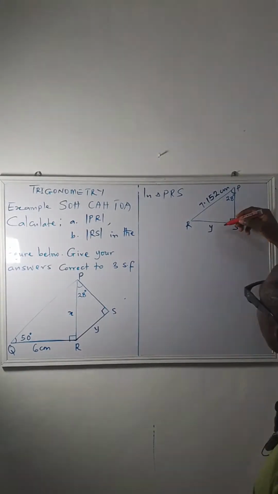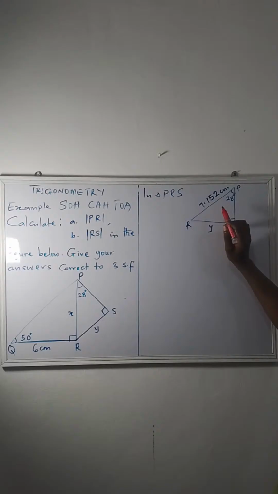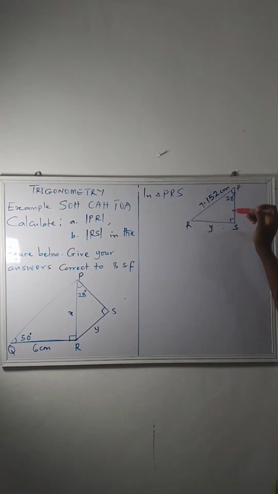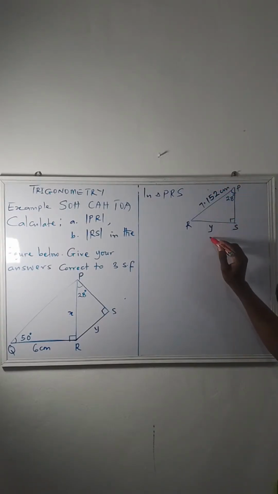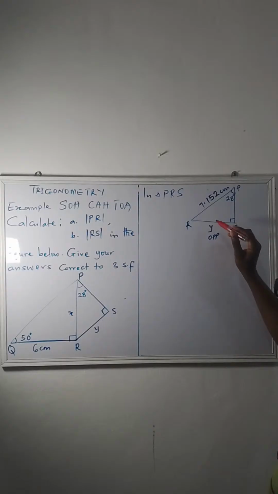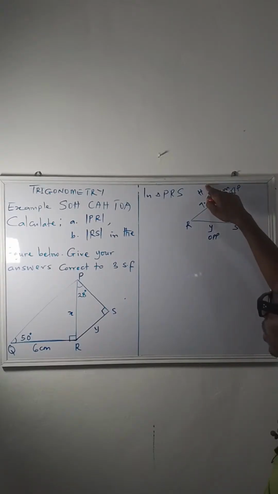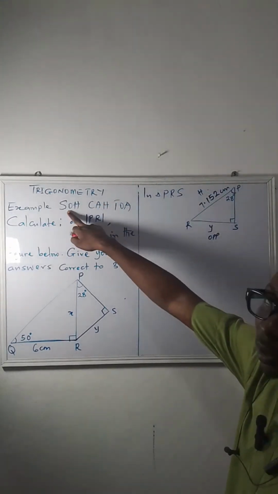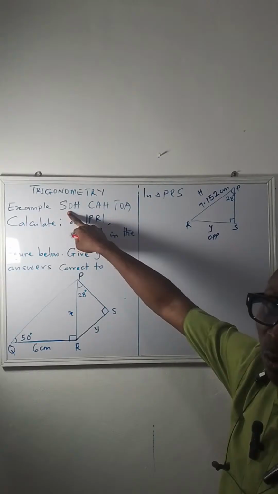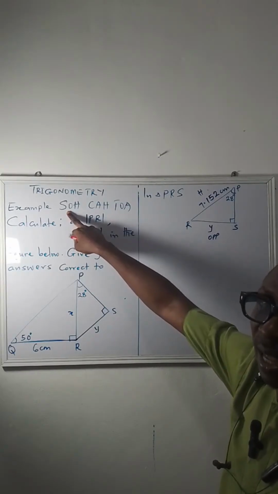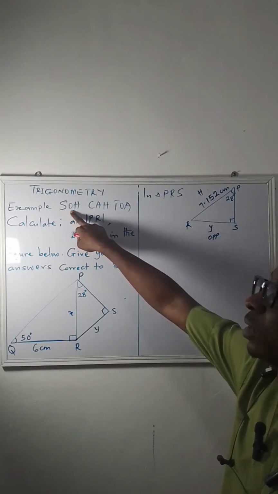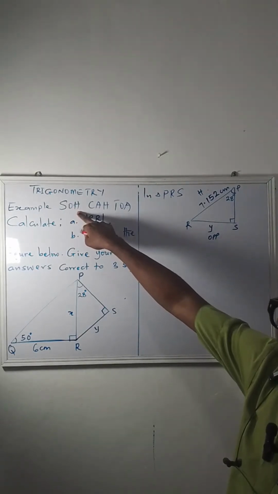So you consider this and this because you're actually looking for this side. So this is an unknown side and this is a known side. Now this unknown side is opposite, and this one is the hypotenuse. So you are considering opposite and hypotenuse. So what function is that? That is sine, opposite over hypotenuse.